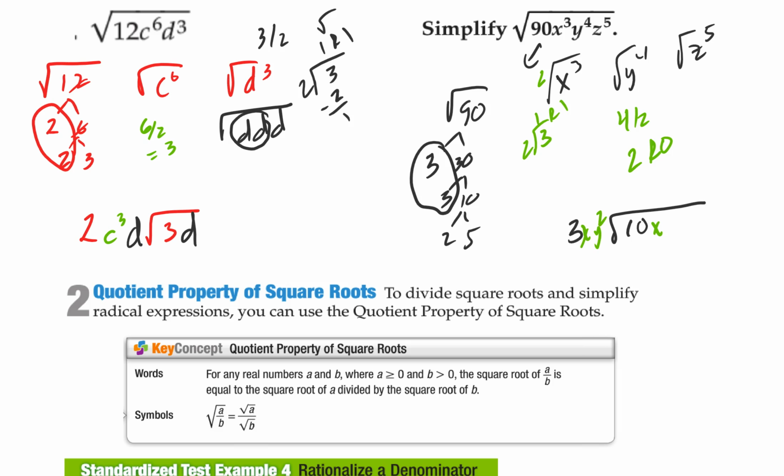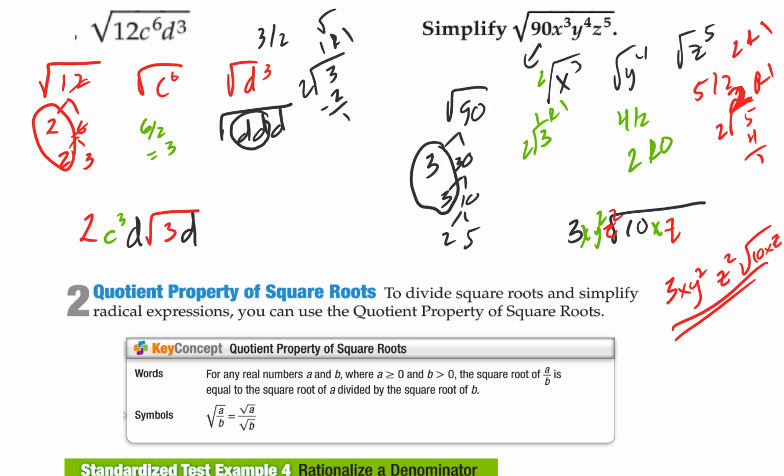And then finally z, 5 divided by 2. 2 times 2 is 4, minus 1, remainder 1. It's 2 remainder 1. So we're going to have 2 z's on the outside, and one z on the inside. So it looks like this: 3 z squared, square root of 10xz, sorry.